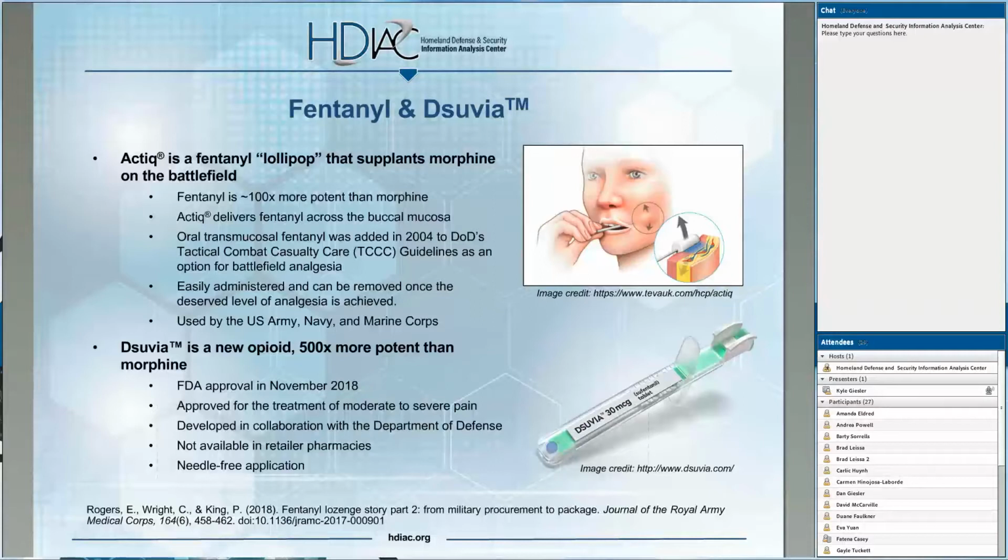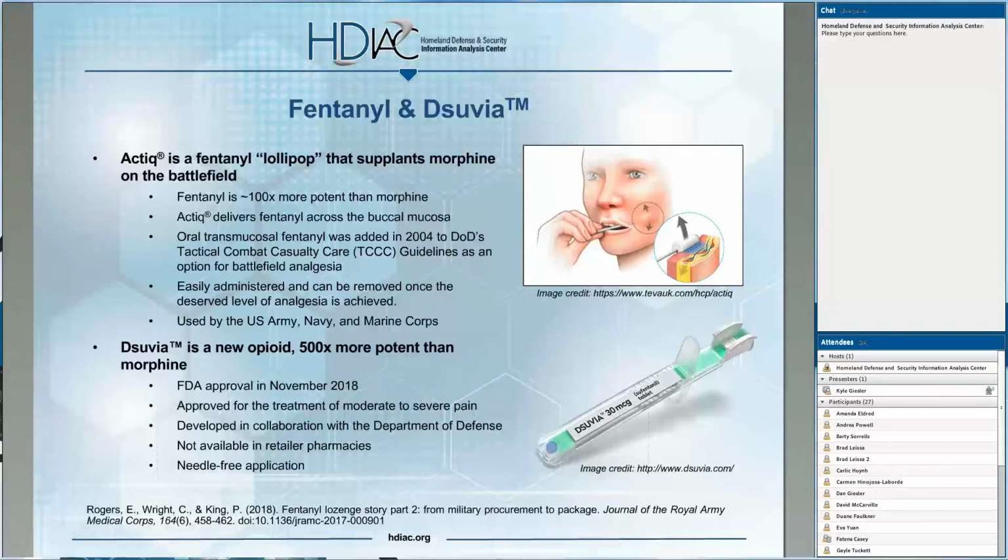So Actiq is a fentanyl lollipop, fentanyl being a synthetic opioid with about 100-fold more potency than that of morphine, and it's essentially a fentanyl lozenge on a stick. And what this lozenge does, this is not an oral delivery strategy, mind you.